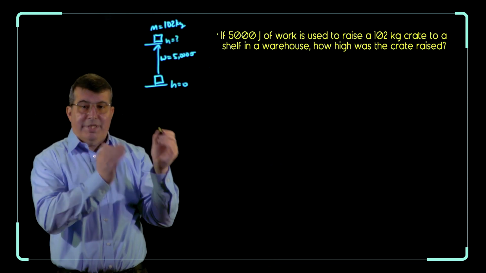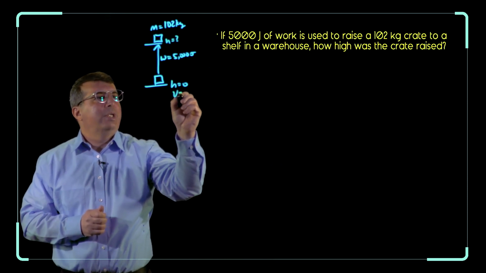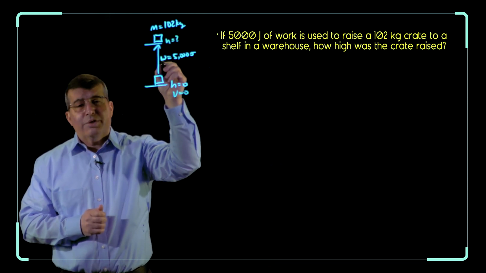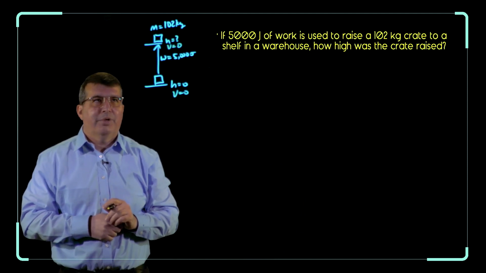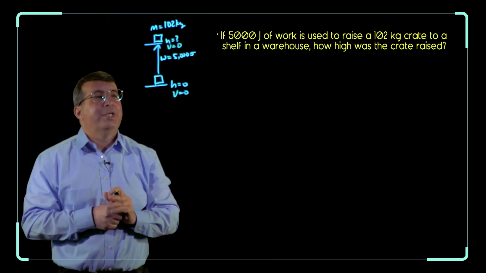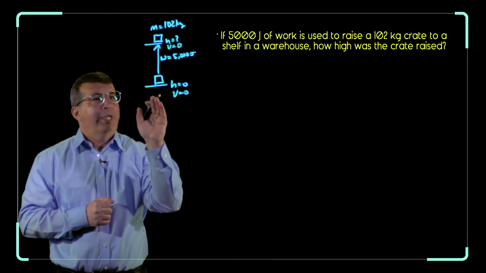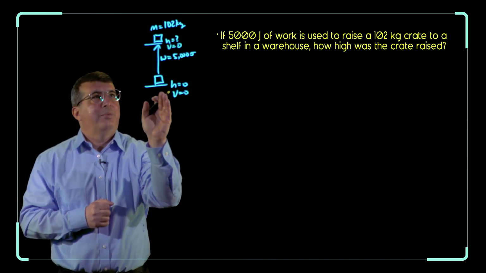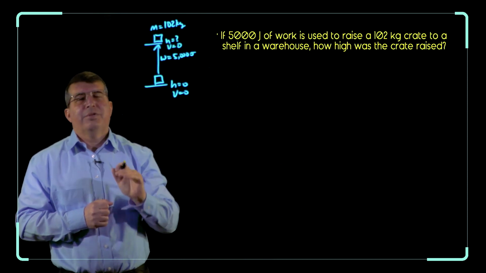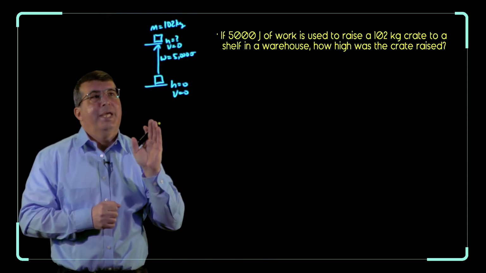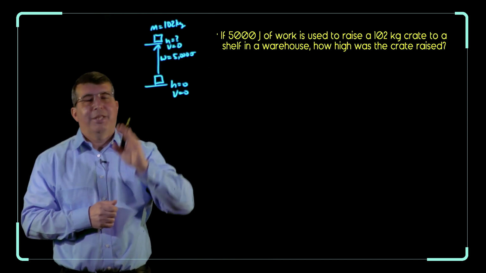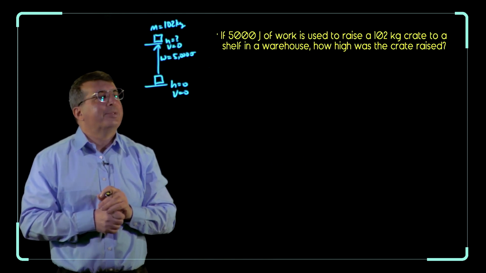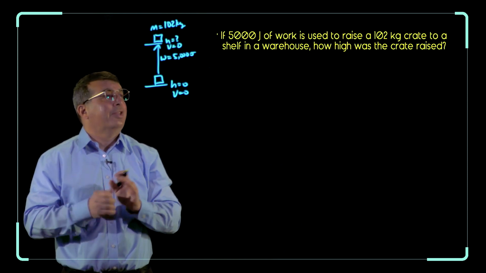The crate is not moving on the floor, speed is 0, and when it's on the shelf, it's also not moving. So that's all the information in that question. It took 5,000 joules of work to lift that crate up, and the mass of the crate is 102 kilograms.